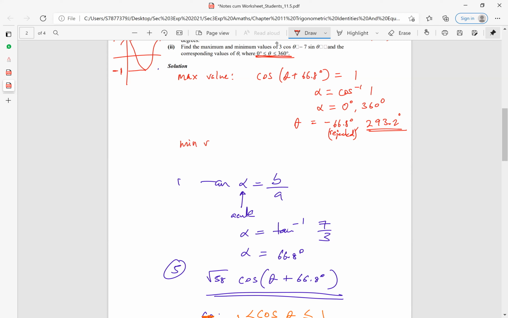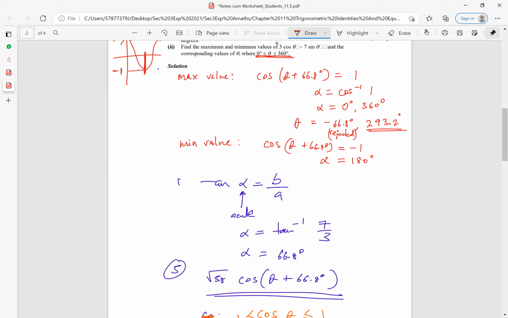The same goes for the minimum value. Minimum value, you're talking about -1. So cosine of theta plus 66.8 degrees is equal to -1. And this one is quite simple. It should be 180 degrees because it's over here, right in the middle.